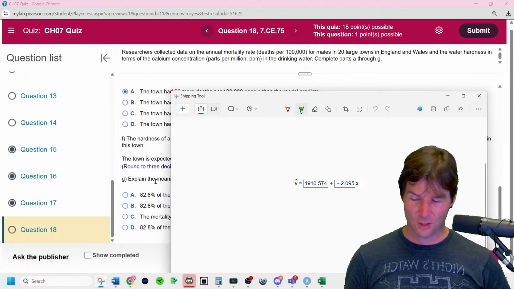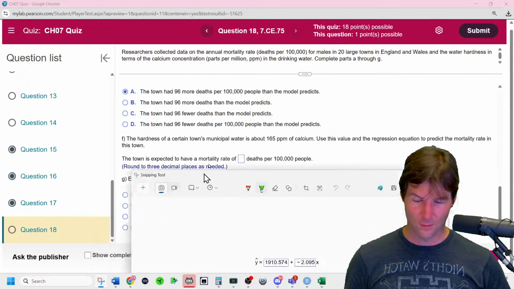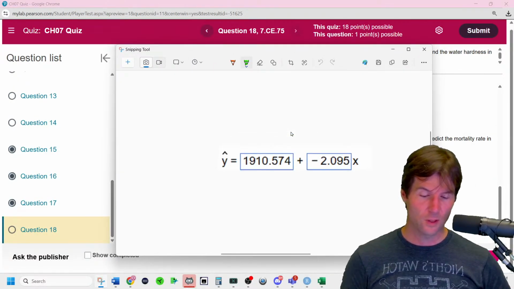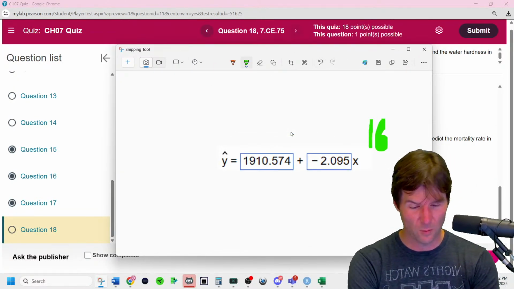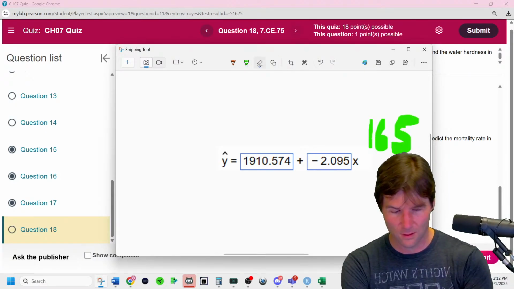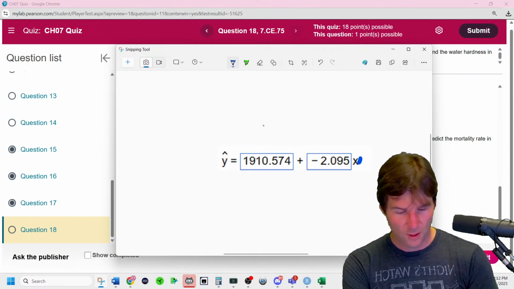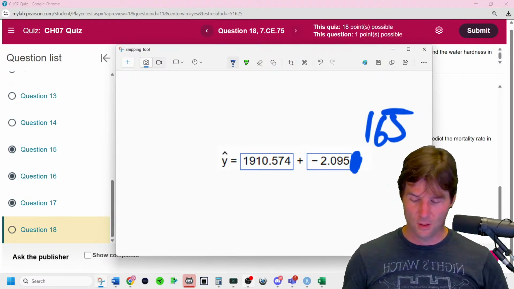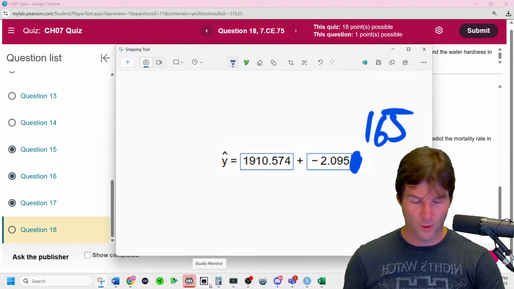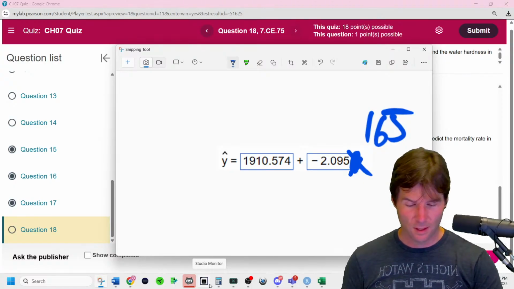So it said a certain town has a hardness of 165. So all you do is X is calcium. You put 165 right here, and then you just solve the equation. You're multiplying, a little multiply sign right there. And that's got it.